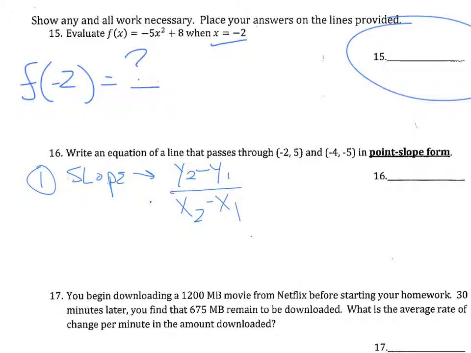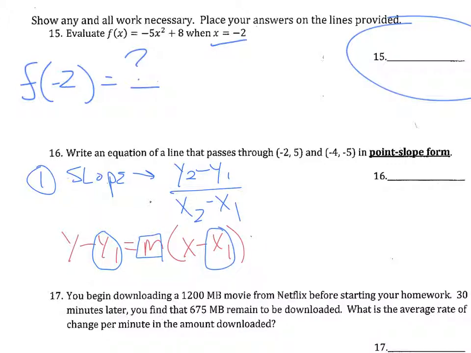That'll give you your slope, and then you pick either this point or this point, and you're going to plug it into the point-slope form, which is this here. And then that's it. That's all you got to do. Now, again, you're plugging in, keep the minuses in the equation, but here are the guys you want to replace with the information that you have.